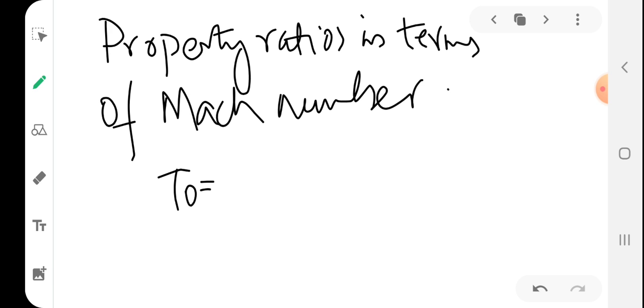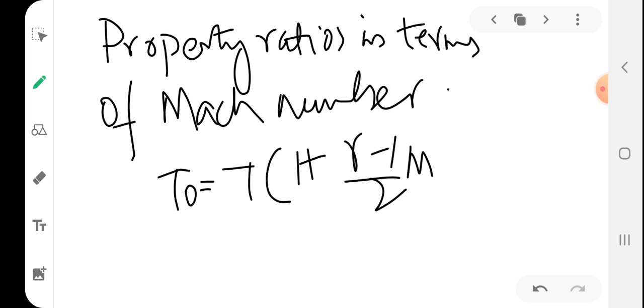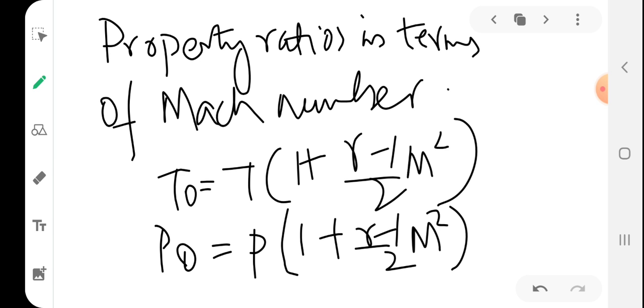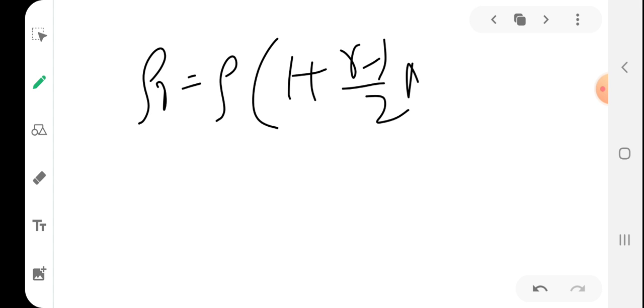T0 by T equals 1 plus gamma minus 1 by 2 M squared, right? Similarly, P0 by P equals 1 plus gamma minus 1 by 2 M squared raised to gamma by gamma minus 1. Similarly, rho 0 by rho equals 1 plus gamma minus 1 by 2 M squared raised to 1 by gamma minus 1. All these equations you have already learned in your first module, right? So the same equations are applicable in case of isentropic flow also.